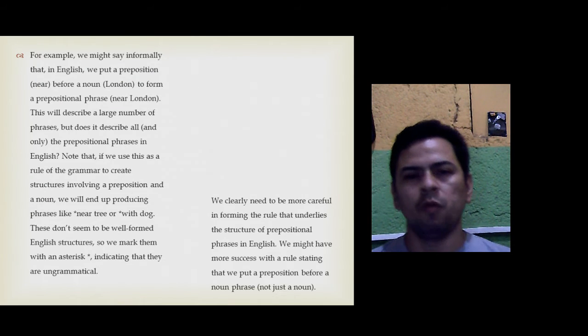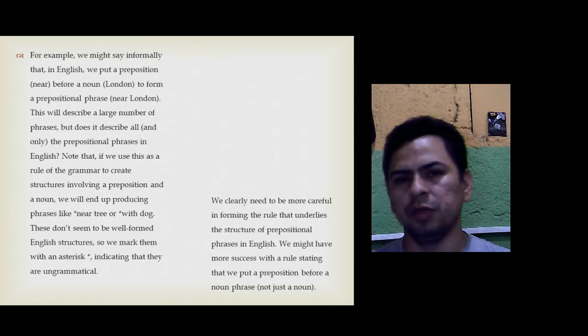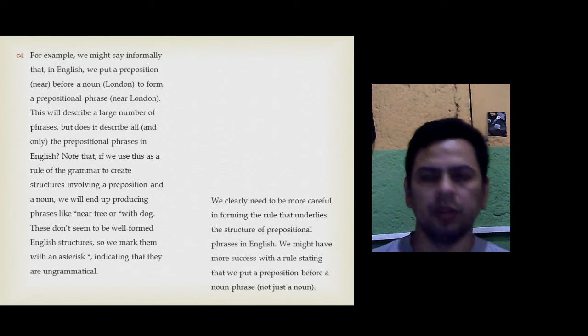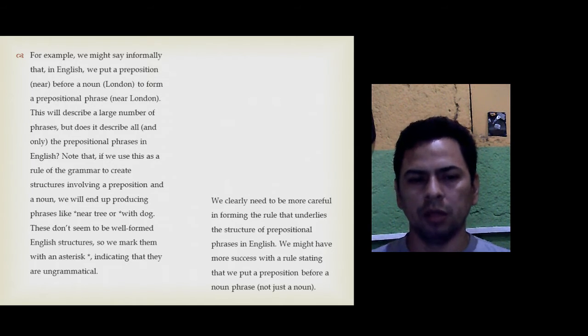For example, we might say informally that in English we put a preposition such as near before London to form a prepositional phrase, near London. This will describe a large number of phrases, but is it describing all and only the prepositional phrases in English?